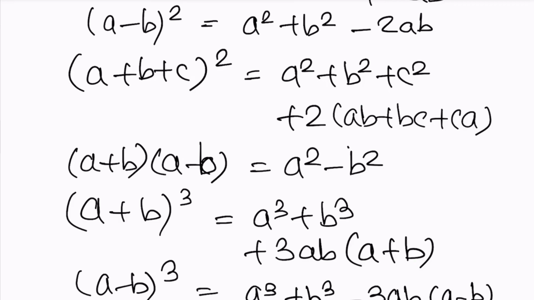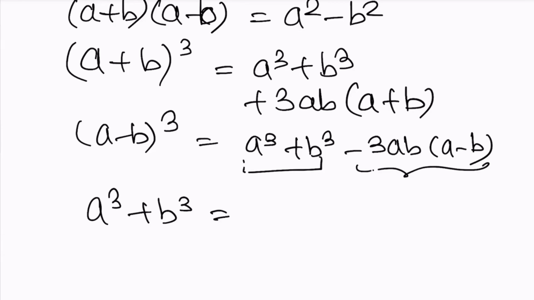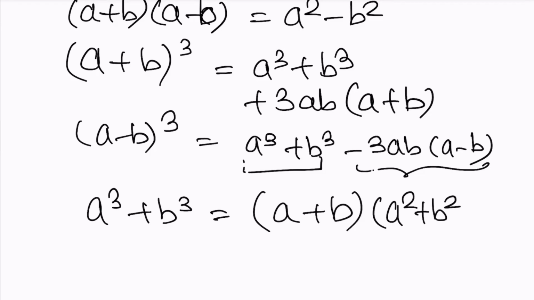And then we have this important formula, A cube plus B cube, this part, and we take everything else, the other side, and rearrange it a little bit. Then we have A plus B, A square plus B square minus AB.